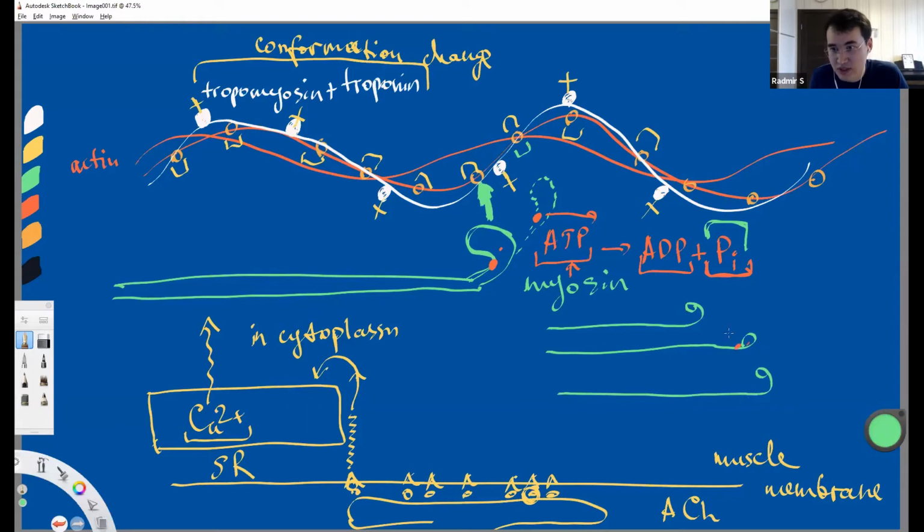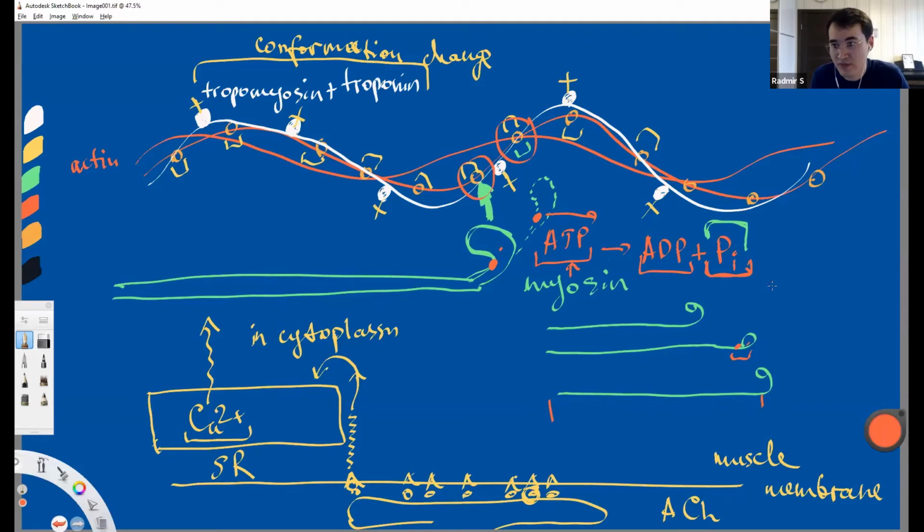But with the release of this ADP and phosphate, it changed the position in space, right? It was next to one point, and now it's bound to another one. So this means that we have the movement of two fibers along each other.